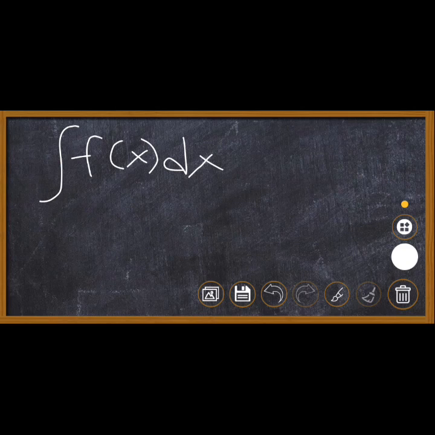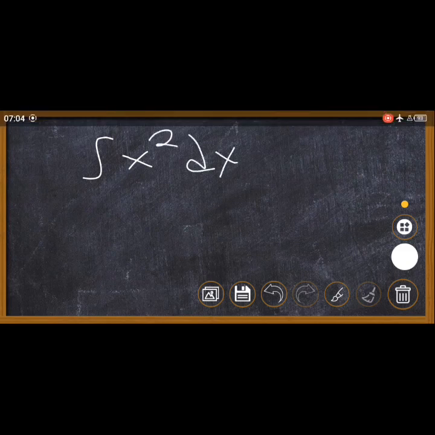That's how we integrate. So let's say, for example, let me just write a simple one, where you have been given x squared, then dx. If you have this, x squared is called the function, and then this is the integral of x. So you are integrating this with respect to x.